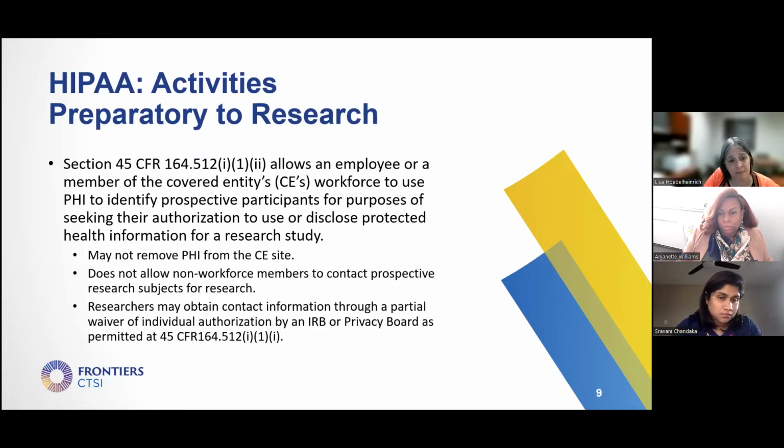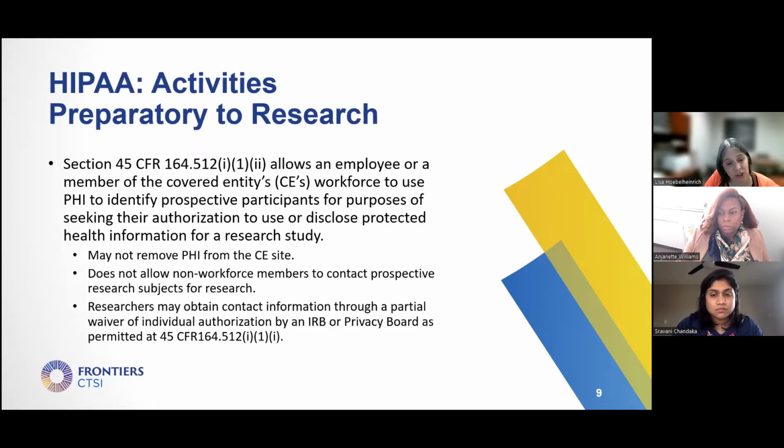And so it may be that they would need to think about obtaining a waiver of consent, a partial waiver of authorization from the IRB and for HIPAA purposes as well, not just under the common rule, if they'd like to be using that information to actually make contact for recruitment purposes.